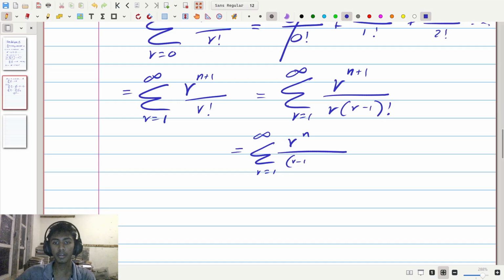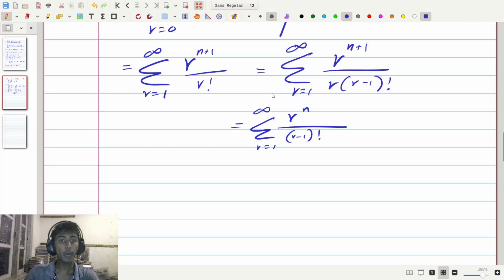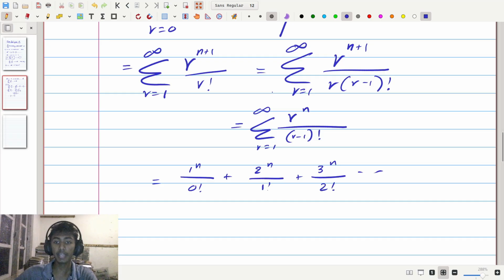Now at this point, if we write a couple of the terms down, for r equals 1 it is 1 to the power of n divided by 0 factorial. The next term is 2 to the power of n divided by 1 factorial. The next term is 3 to the power of n divided by 2 factorial, and so on and so forth.